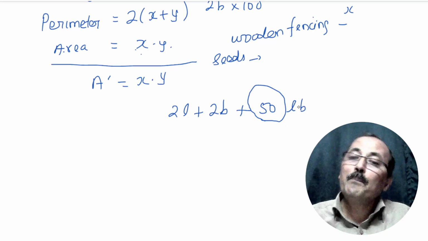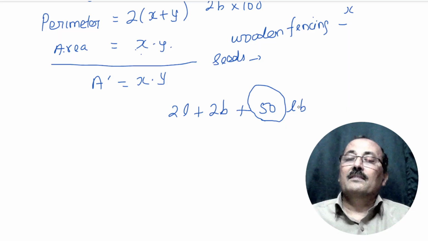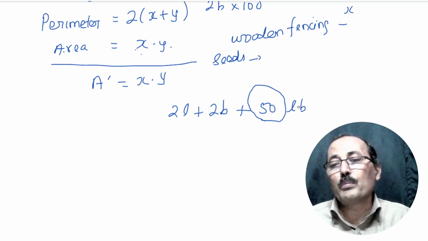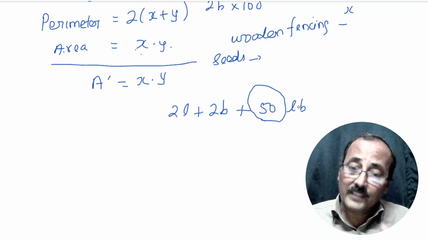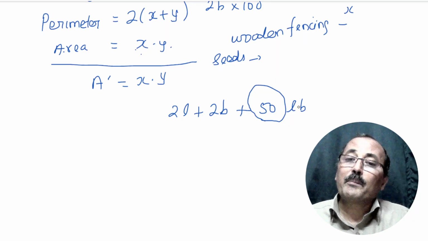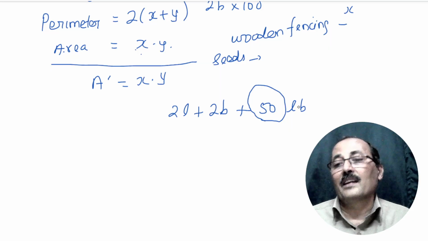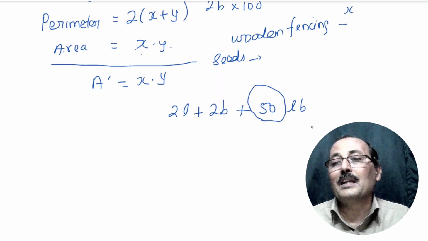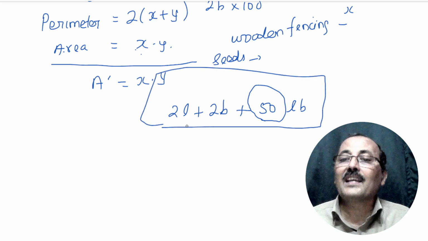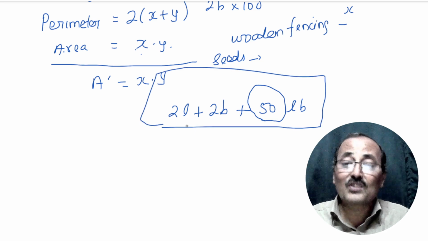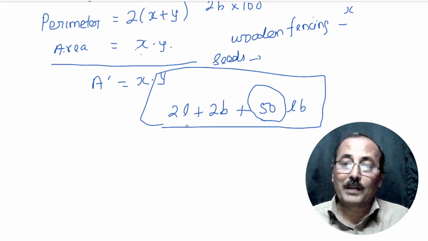But if they simply say the seeds are 50 rupees on the whole, then you will write just 2L plus 2B plus 50. But if they say it is 50 rupees per square meter, you have to multiply by LB there also, because area should be multiplied here. That's all. This and more we will see in the forthcoming videos very clearly one by one.